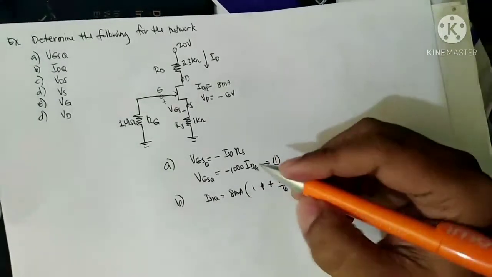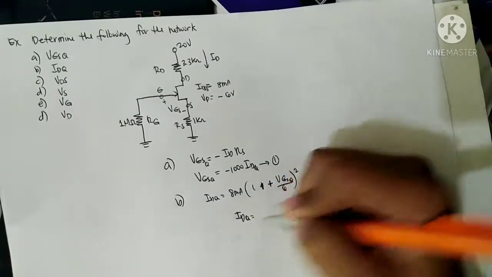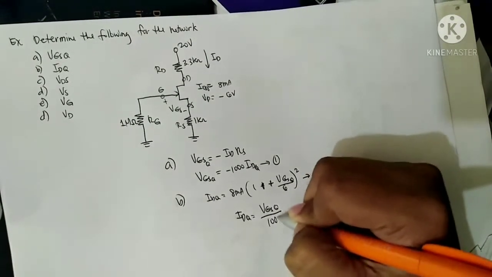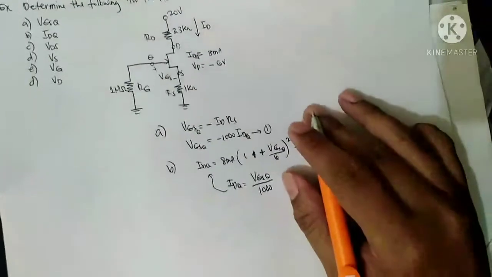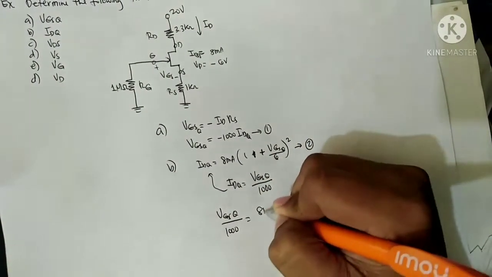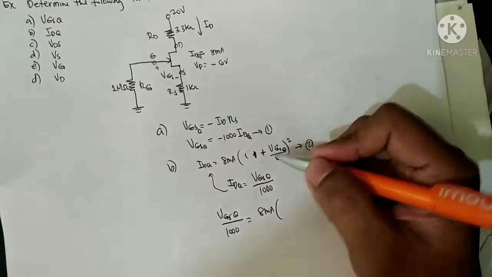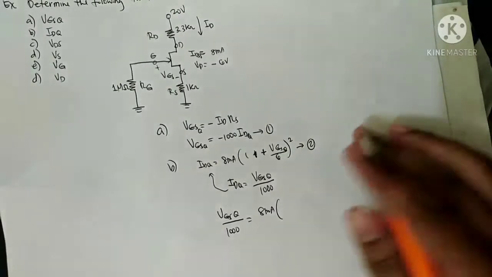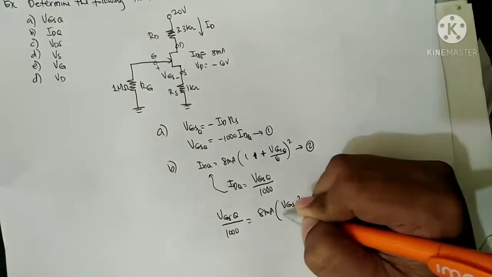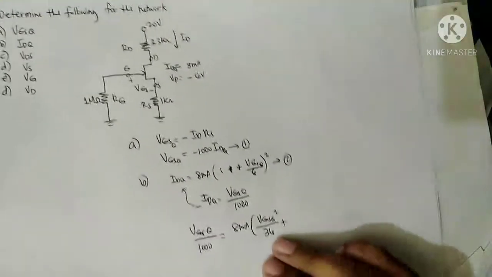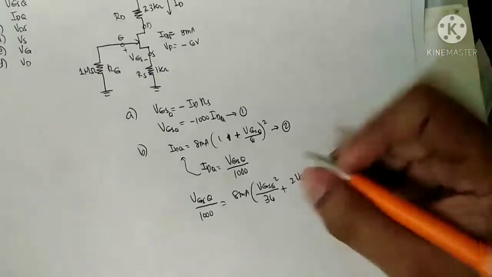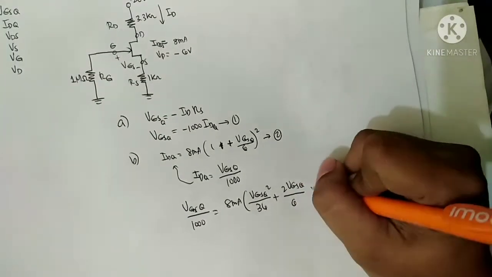Therefore ID from equation 1 is VGSQ divided by 1000. Substituting, this will be VGSQ divided by 1000 equals 8 milliamps times (1 plus VGSQ over 6) squared. Expanding this: VGSQ squared divided by 36 plus 2 VGSQ divided by 6 plus 1.